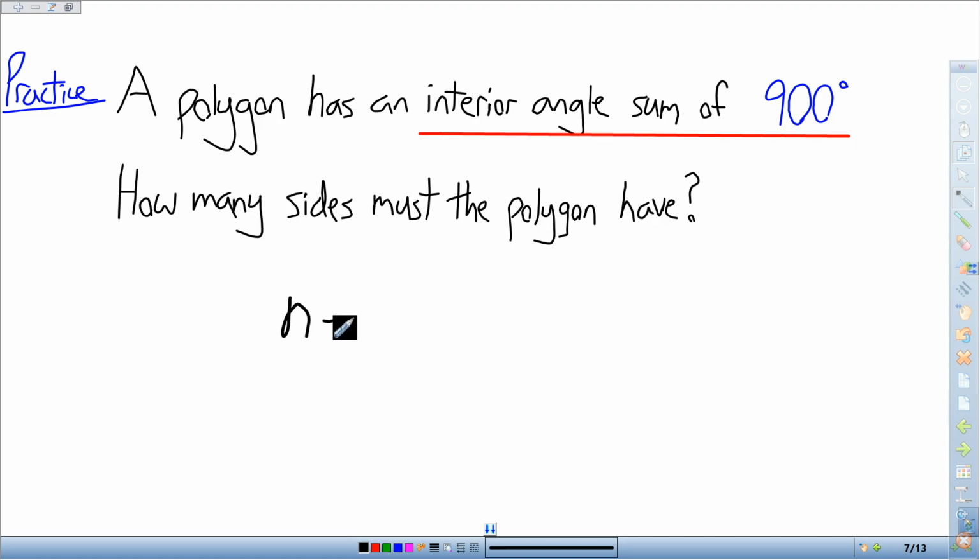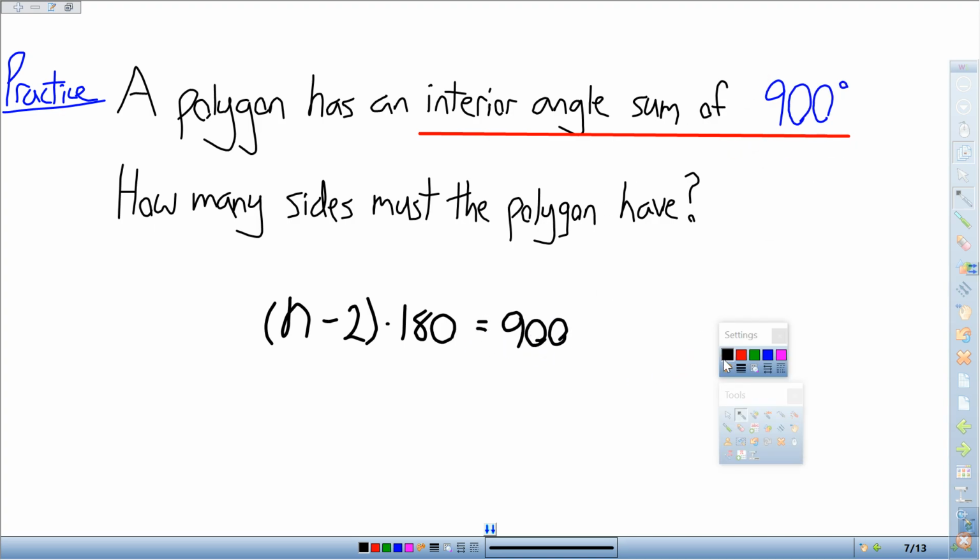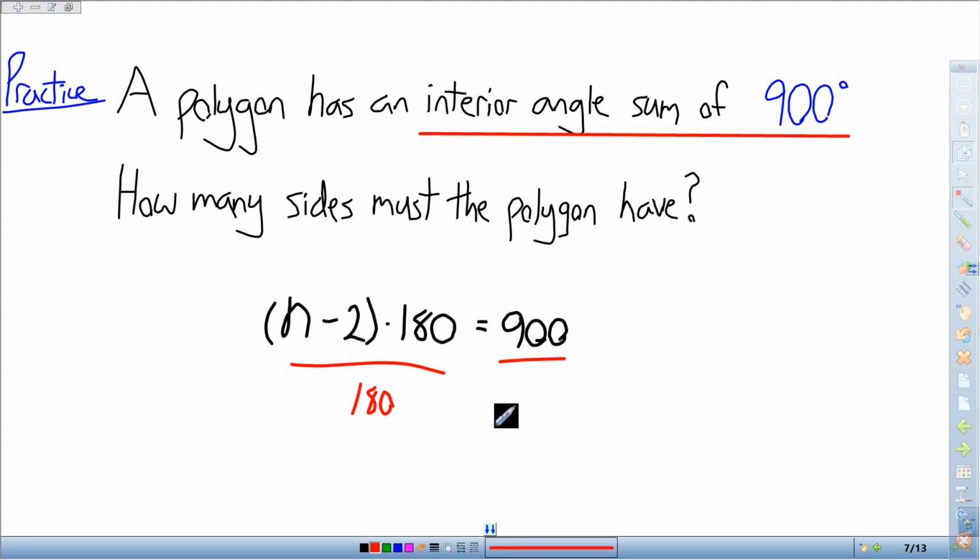Okay, so we got our formula, n minus 2 times 180 equals, they're saying the sum of the interior angles is 900. All right, and then from here, same idea. The first thing we need to get rid of is this 180 that's being multiplied, so we will divide.